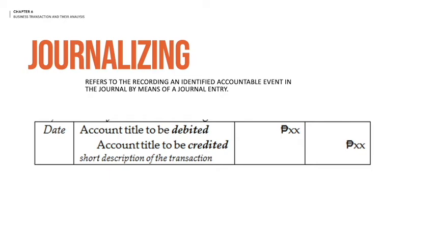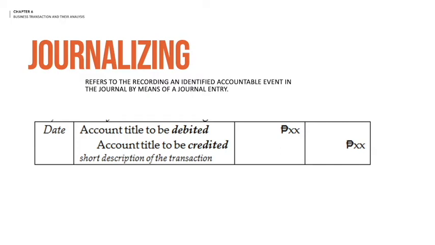When we say journalizing, as I mentioned in our topic in chapter 5 on the books of accounts, it refers to the recording of an identified accountable event in the journal by means of a journal entry. After we identify the accountable event, we can record it.